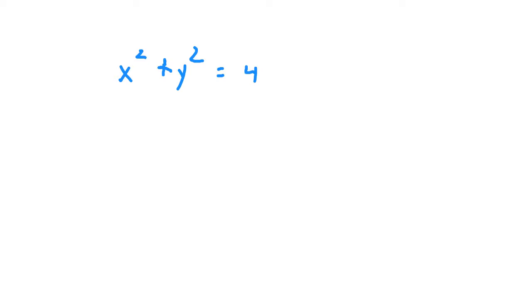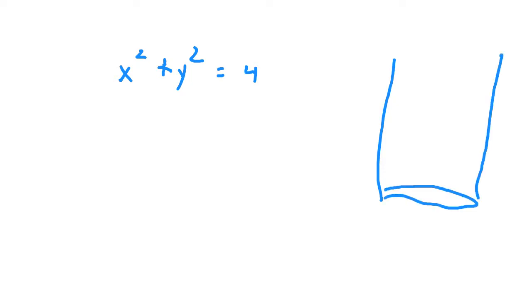Okay, that's a cylinder. In calculus 3, that represents a cylinder with radius 2, right? A vertical cylinder. I'm sorry, my picture's drawn kind of quickly. A vertical cylinder with radius 2.